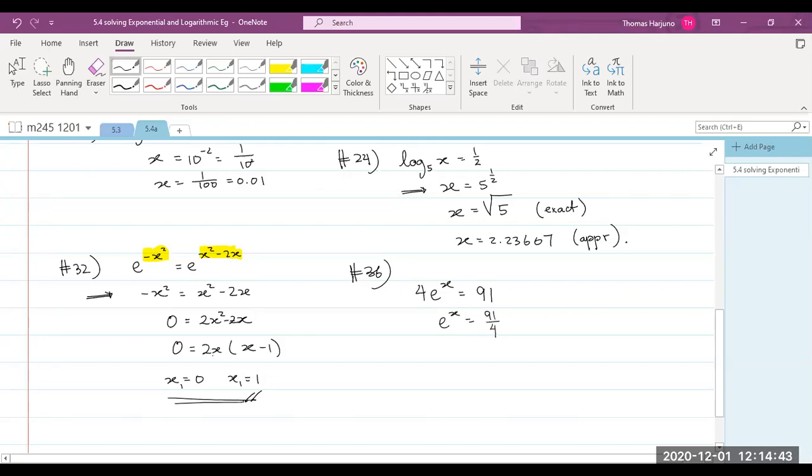Right? And then that's definitely not base e, so I use natural log of the argument, 91 over 4, equals x. Okay, that's the exact solution. Of course, you can also write it as natural log of 91 minus natural log of 4. Both of these are exact solutions.